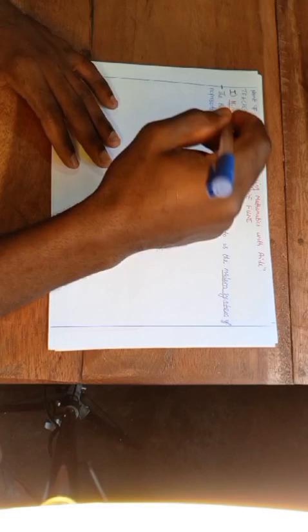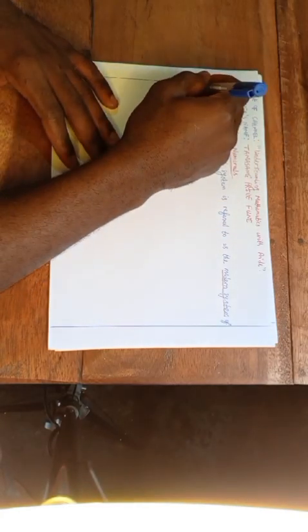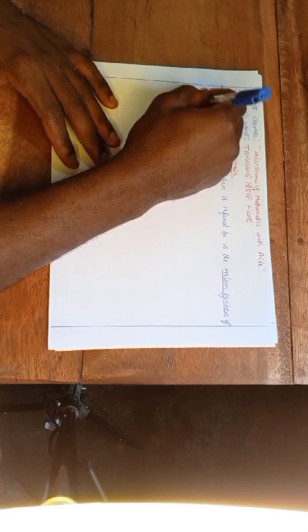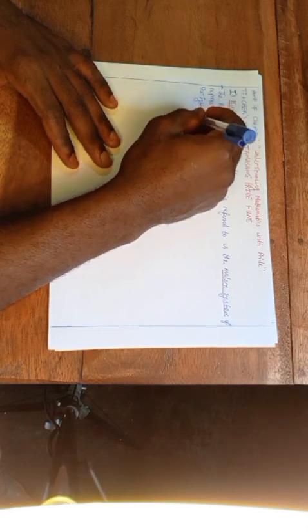That means the system we use in counting and representing of numbers in the world of today is known as the Hindu-Arabic numeral system. So let's write this down.